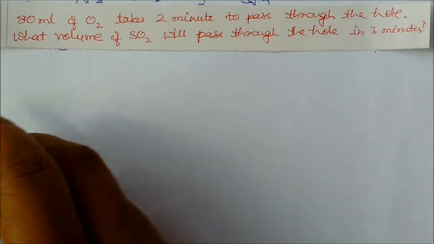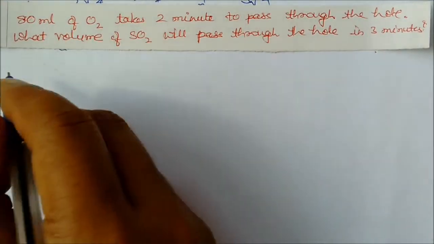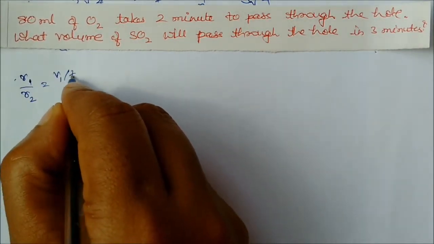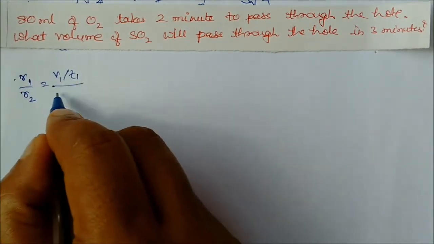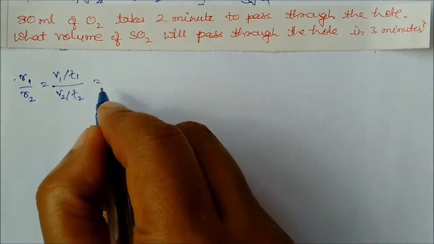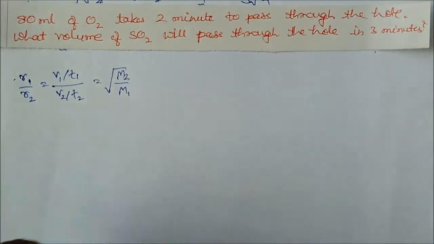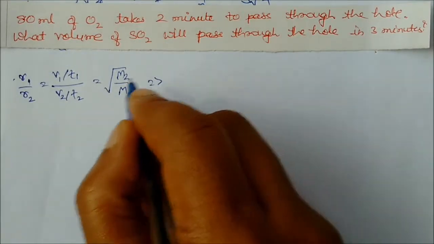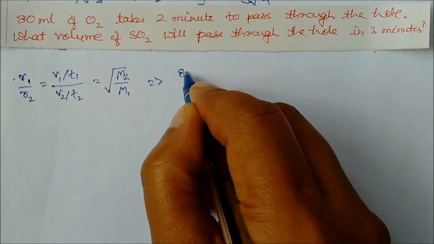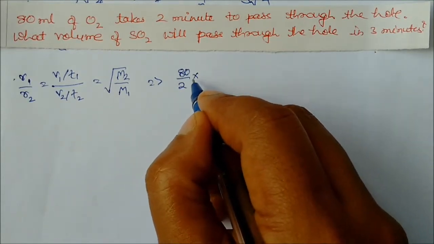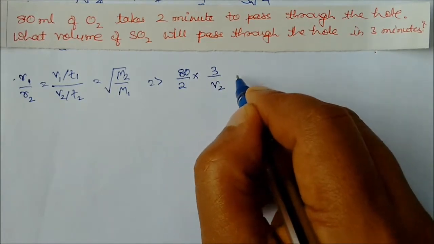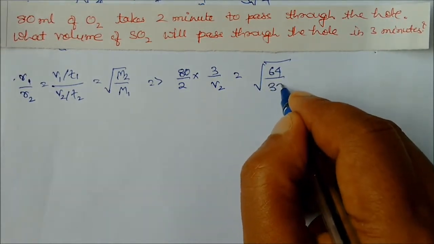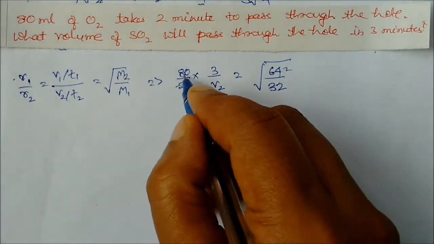Here two gases are there, so we can find the rate R1 by R2, equal to V1 by T1, the volume of gas diffused by time taken, which is inversely proportional to the square root of m1 by m2. Since the volume is asked, we write 80 by 2 into 3 by V2, and the molar mass of sulfur dioxide is 64 and that of oxygen is 32.